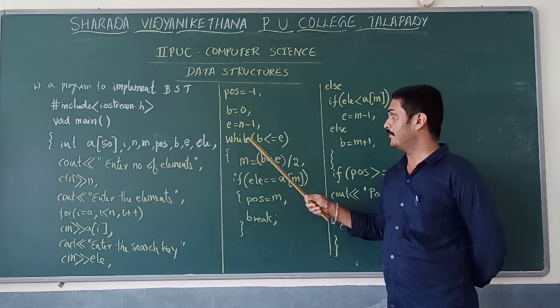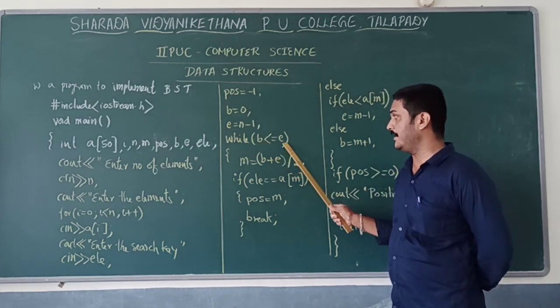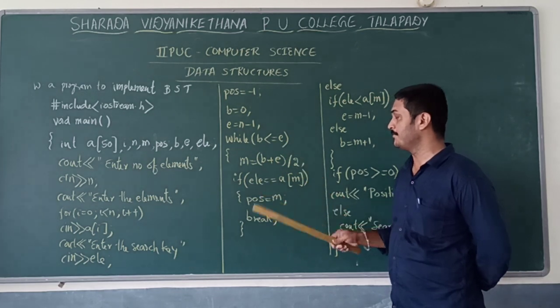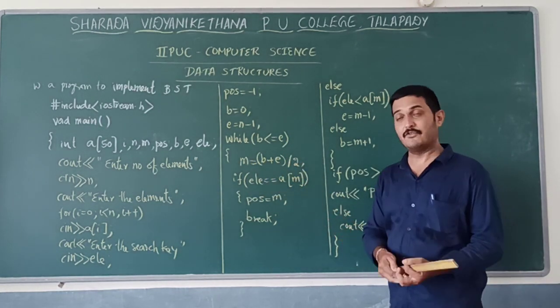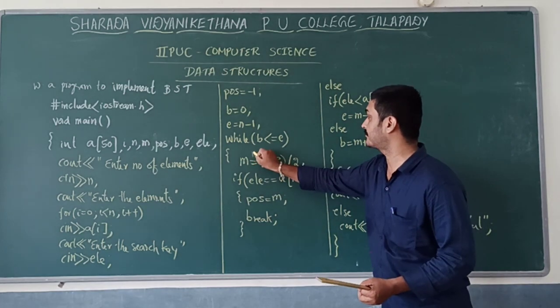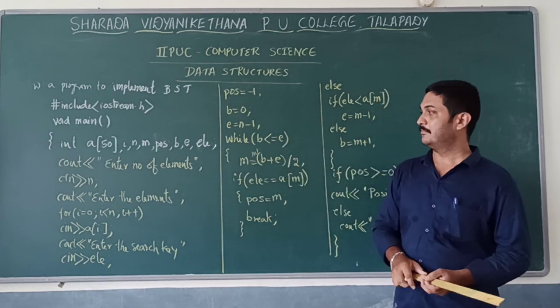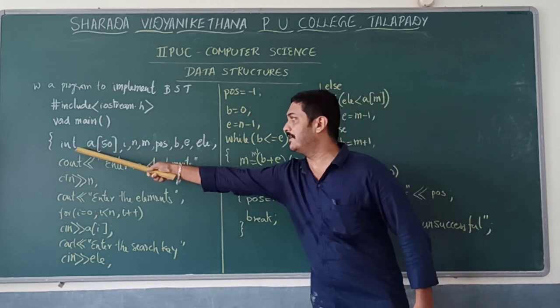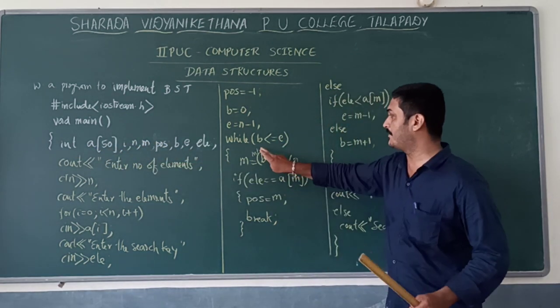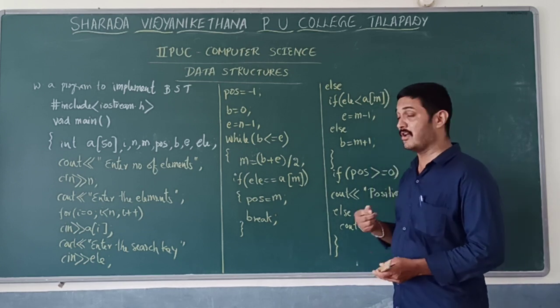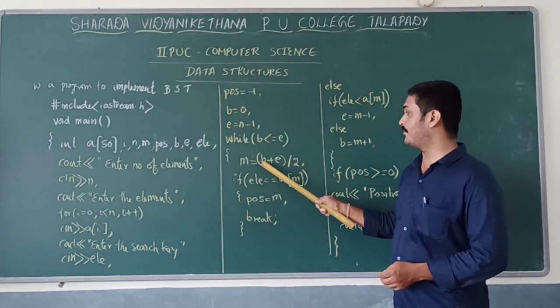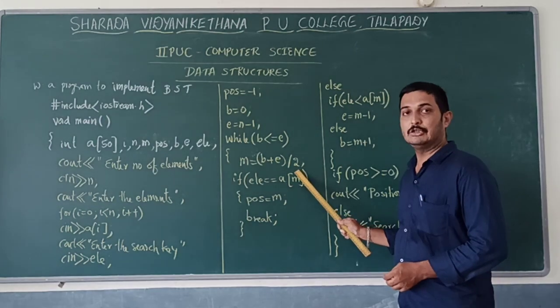And while b is less than or equal to e, m equal to b plus e divided by 2. And of course we can use int here, but it's not required. Actually, it is already given as an integer, so automatically it performs type conversion, we can say implicit type conversion. No need of any operators. Okay, m equal to b plus e divided by 2.